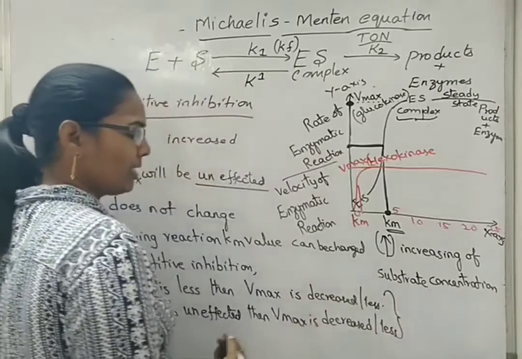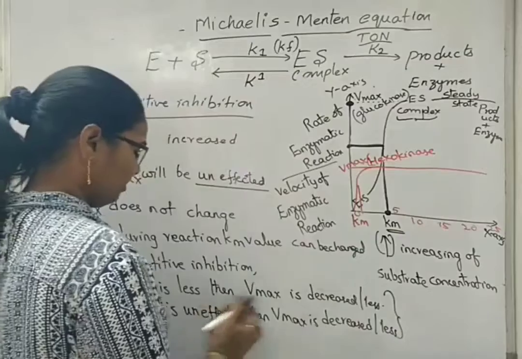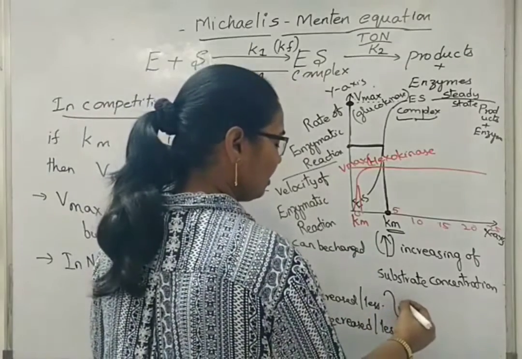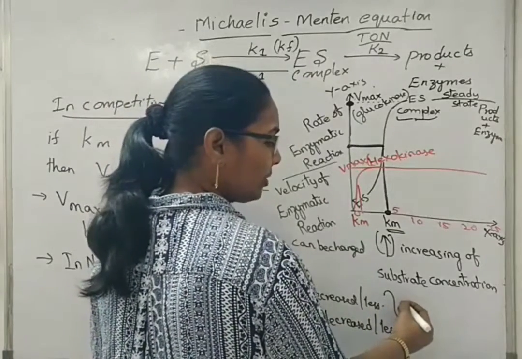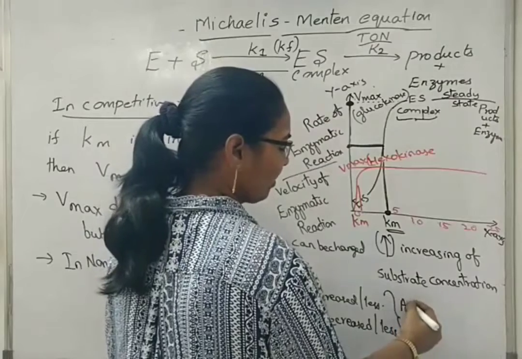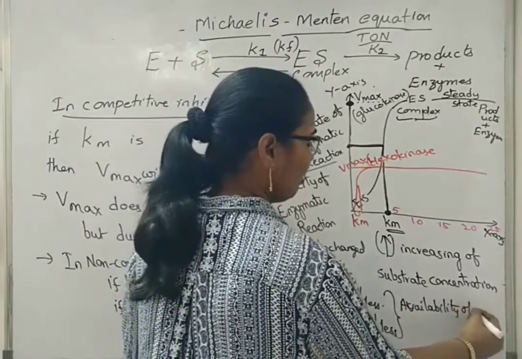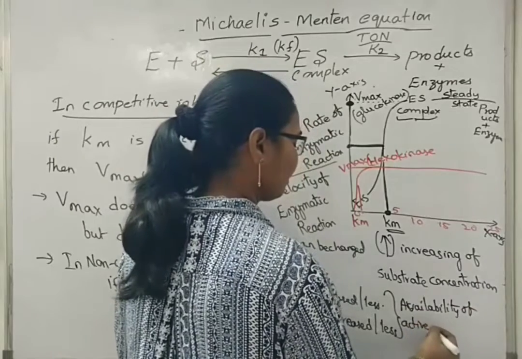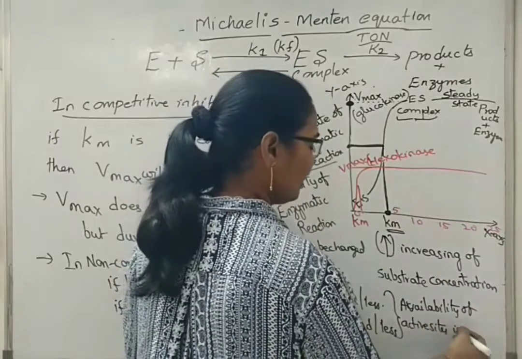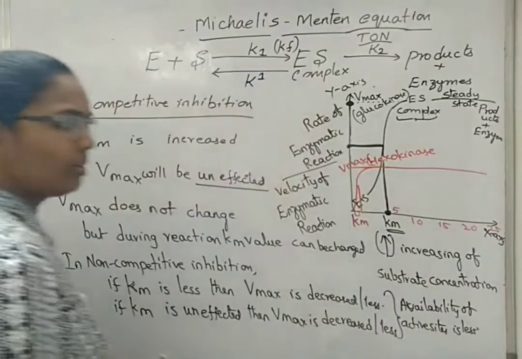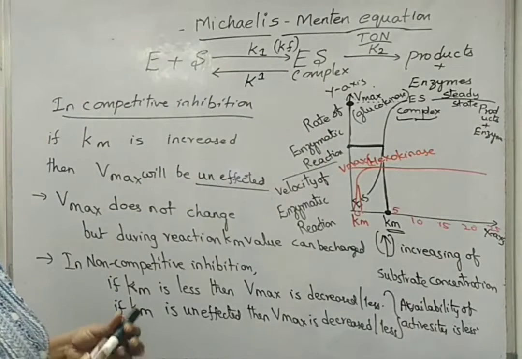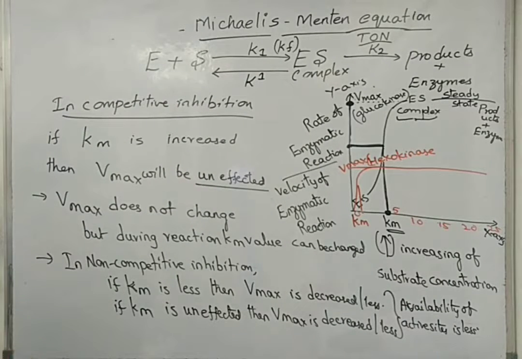So in these two cases, availability of active sites is less. So this is about Michaelis-Menten equation or Michaelis-Menten constant.